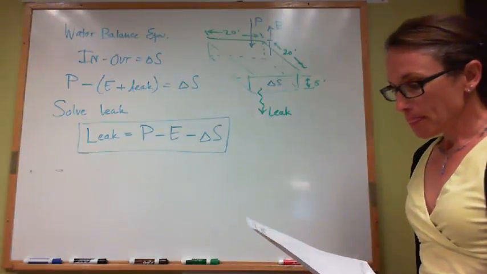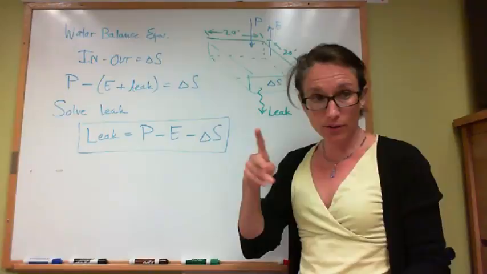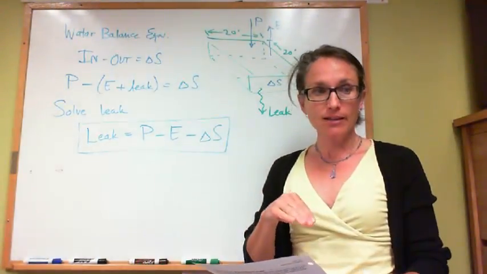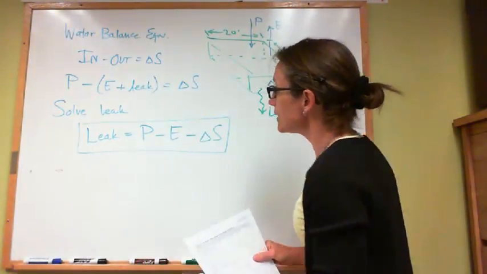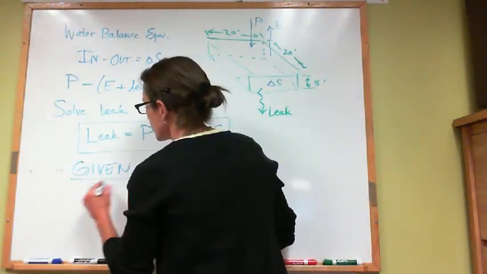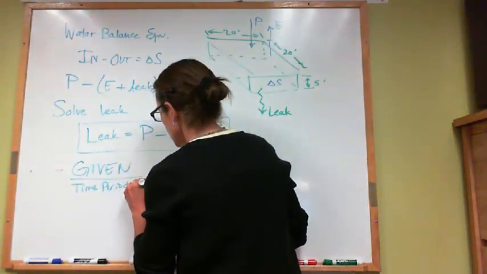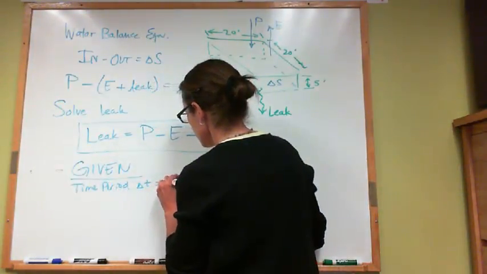Over the 10-day period, like I said, you're given a table with daily evaporation. So let's make our list of what we have given now. We're given our time period. Delta T is 10 days.